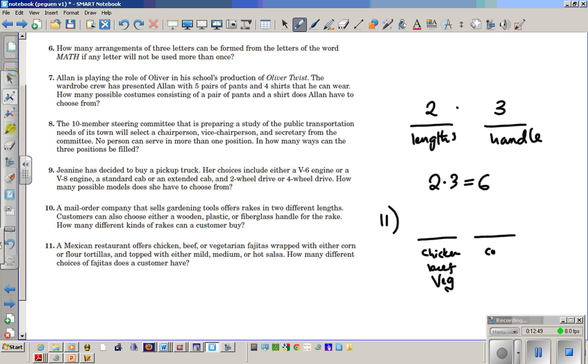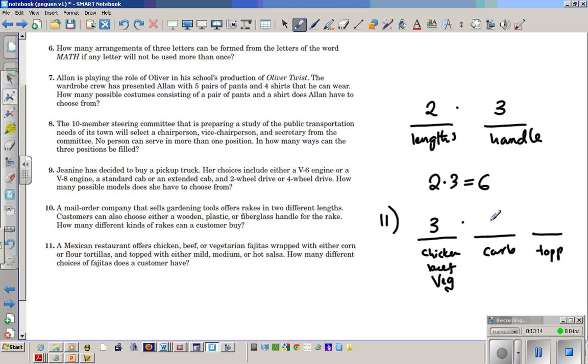we have either corn or flour. Let's just call this carb. This is the carbohydrate part, and then this one is the toppings. Okay. So for the protein part, we have 3 choices, right? 3 choices for either beef, chicken, or vegetarian.